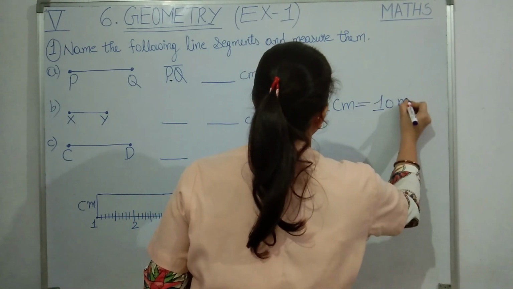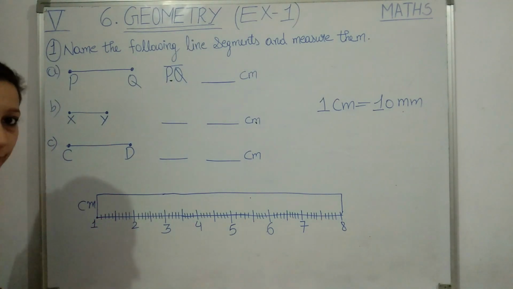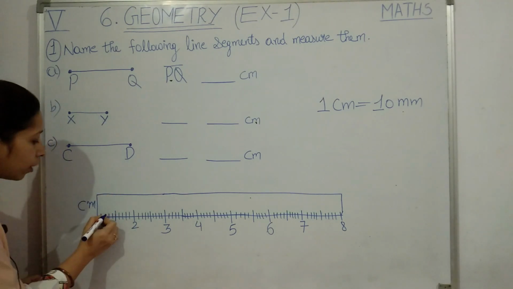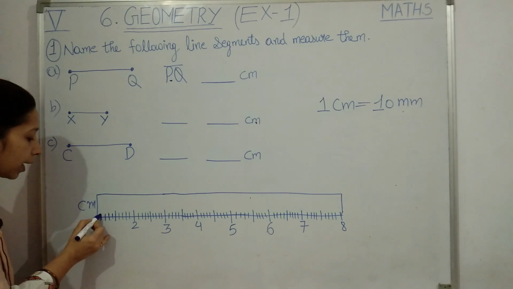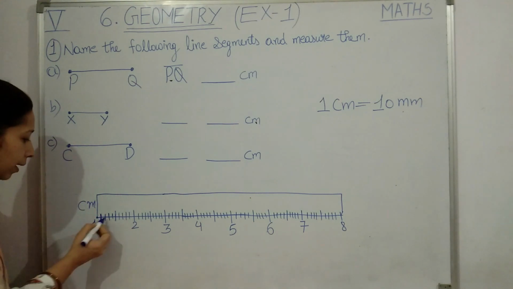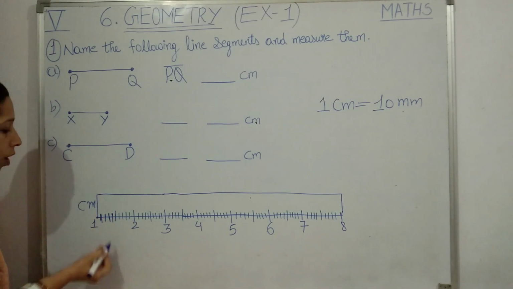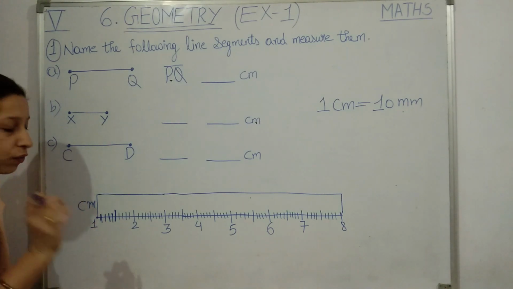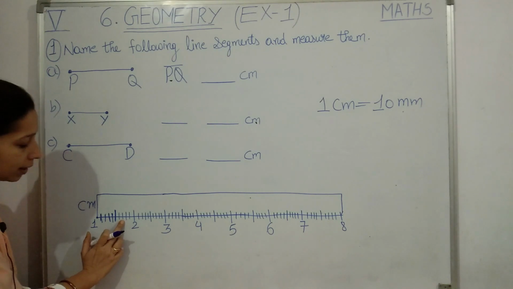So in your scale also, in between each number there are millimeters. You can see small lines are given, isn't it? So students, after 1, the first line that you are going to read is 1.1. Then 1.2, 1.3, 1.4. Then this dark line or the longest line will show 0.5, so this will be 1.5, 1.6, 1.7, 1.8, 1.9.